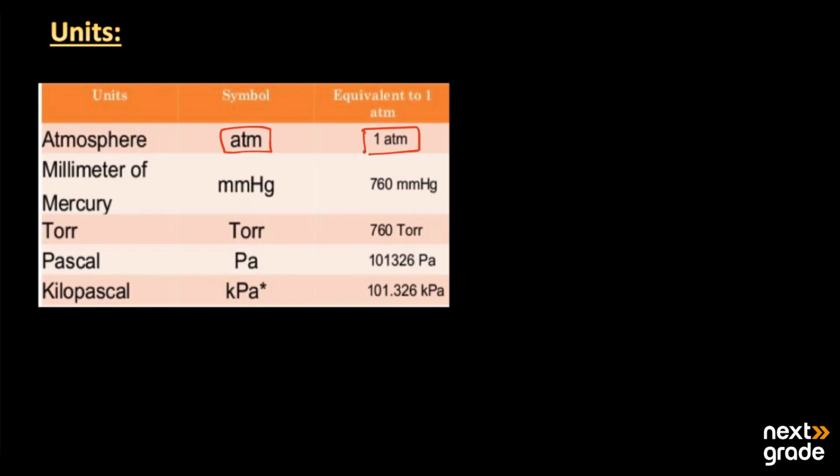On the other hand, the second unit we have is millimeter of mercury. It can be written as mmHg, where mm is millimeter, and the Hg symbol denotes mercury. If we have 1 atm of atmospheric pressure, then it is equal to 760 millimeter of mercury.